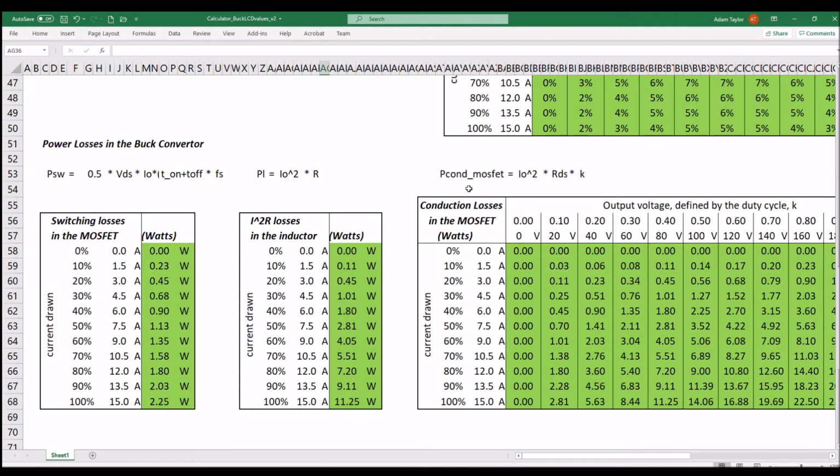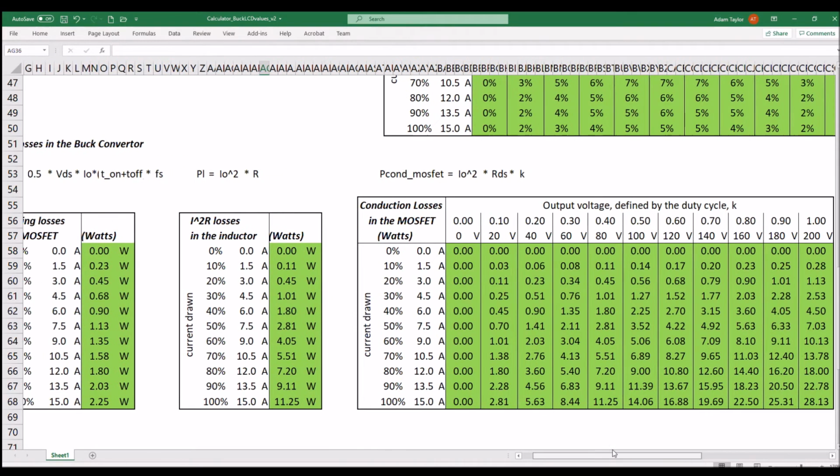Now, the conduction loss in the MOSFET is found by the current squared times the resistance through the device, the RDS, times the duty cycle. So the duty cycle is one variable here, and our change in load is another variable. And so we get this table of data.